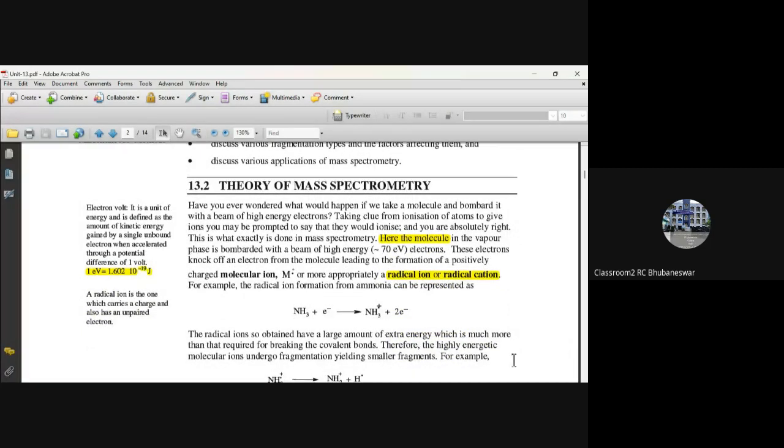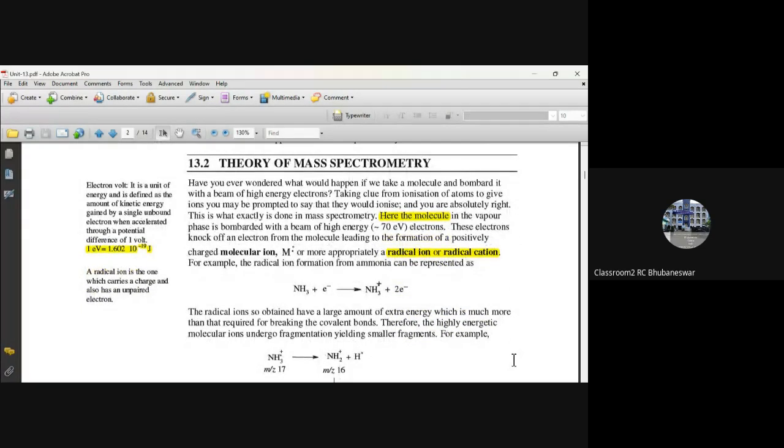So, coming to this mass spectrometry, the measurement we discussed in the first class itself. The theory of mass spectrometry: the molecule in the vapor phase is bombarded with a beam of high energy electrons, near about 70 electron volts.